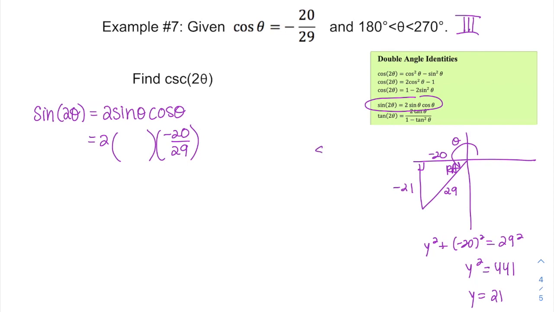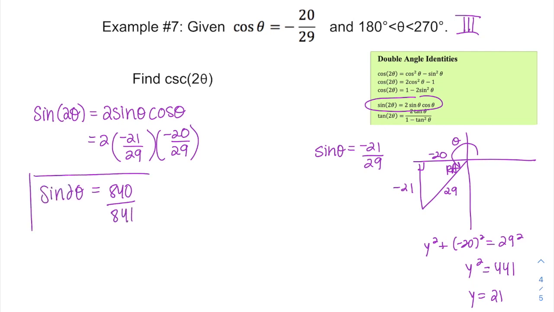So I know sine theta is opposite negative 21 over hypotenuse 29. So here's what we're getting. 2 times 21 times 20 gives me 840. So 840 over 841.